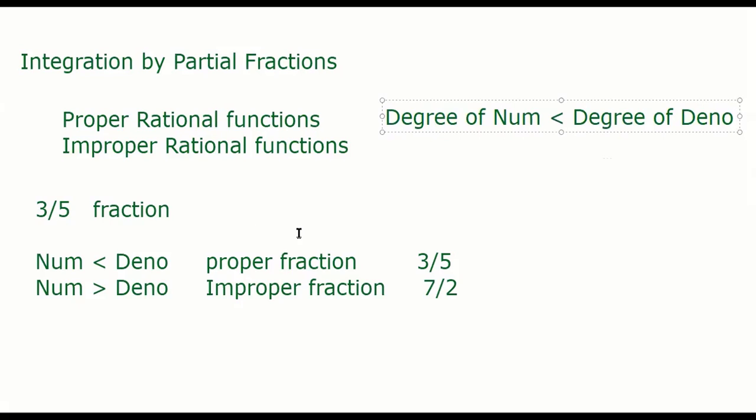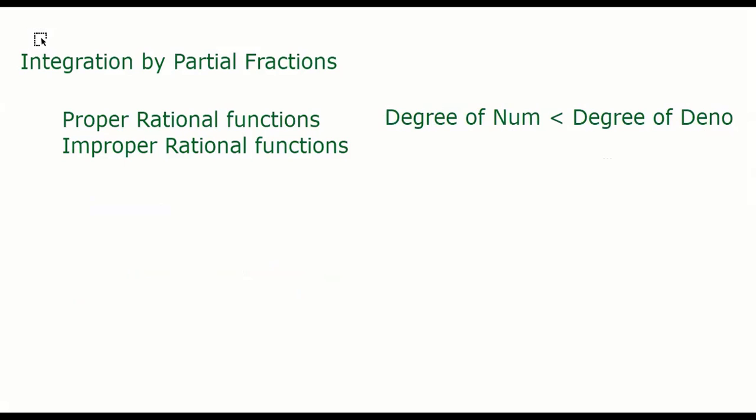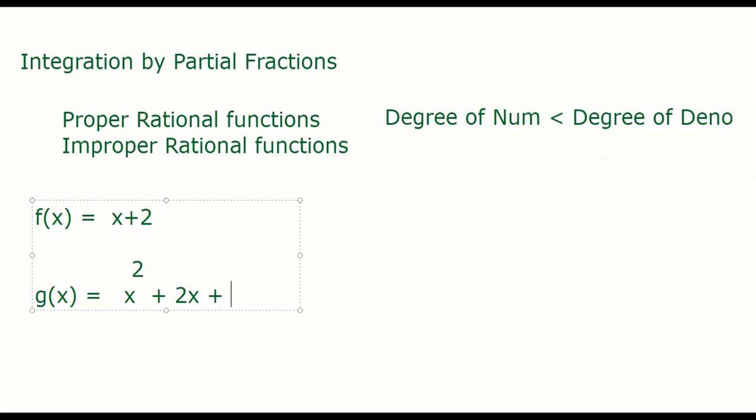For example, I have some function f(x), say x plus 2, suppose. Another function g(x), say x square plus 2x plus 3 or say 1, whatever. As of now, I'm not worried about what the exact function is. f(x) is this, g(x) is this.